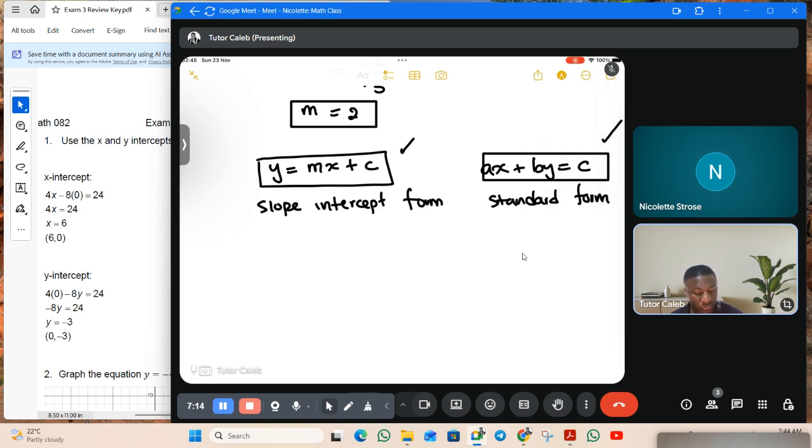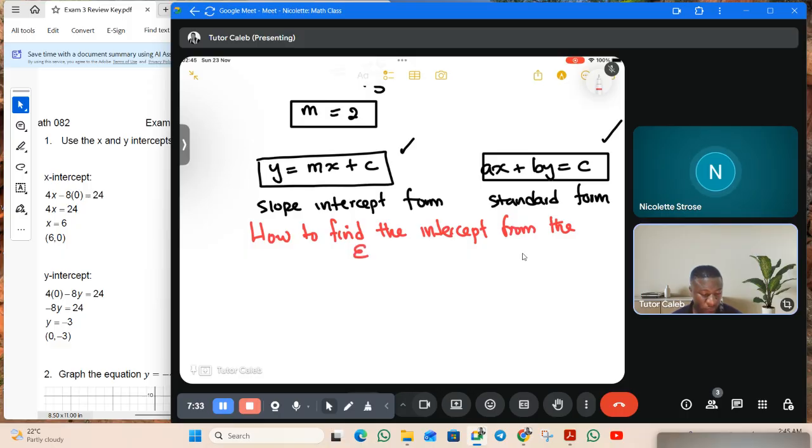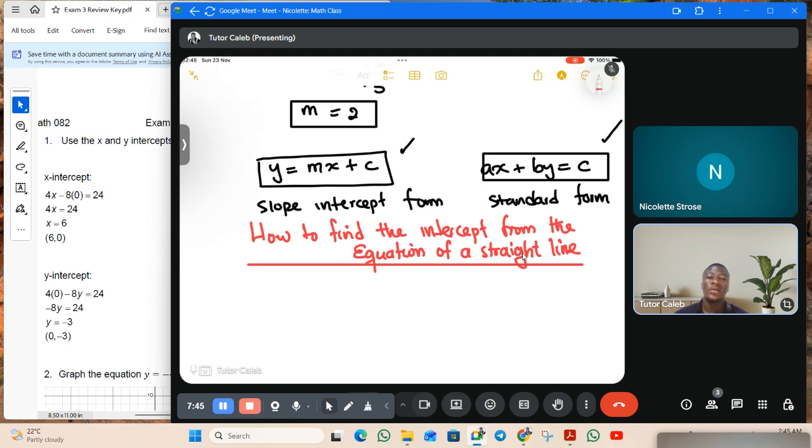So right now, let's do how to find the intercept from the equation of a straight line.